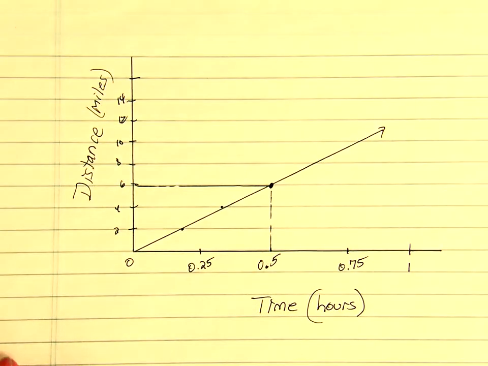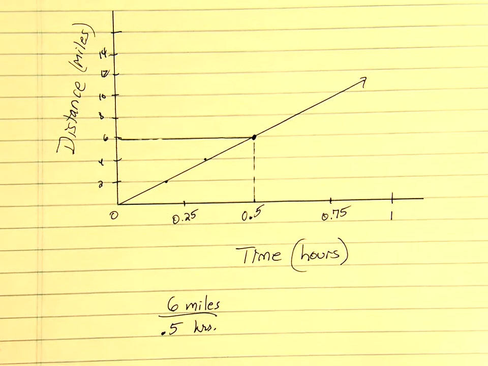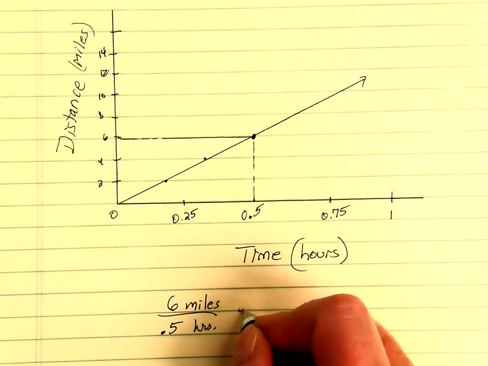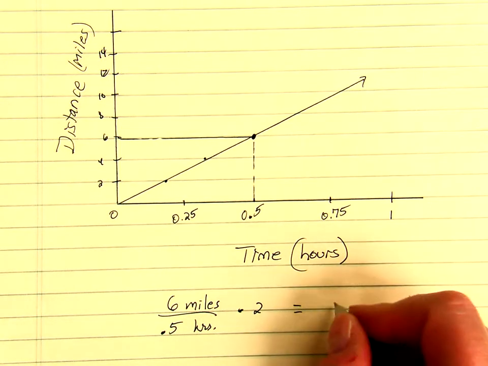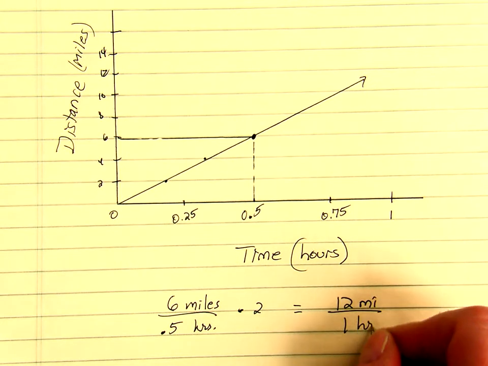So I'm going 6 miles, okay, every 0.5 hours. Well, 0.5, that's half an hour. So 6 miles for every half an hour. So if I double this, if I multiply this times 2, I'm going to have 12 miles in 1 hour.